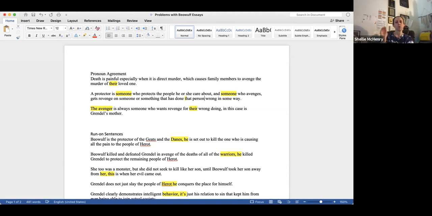Now, again, that's a very wordy sentence, and I think a really good argument is lost in that wordiness. So I would suggest revising the sentence as a whole, but we're just looking at agreement right now.